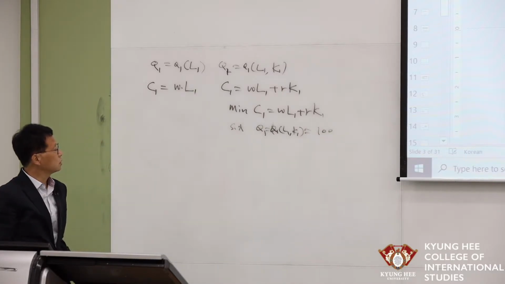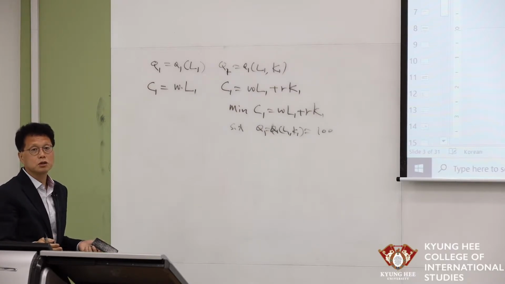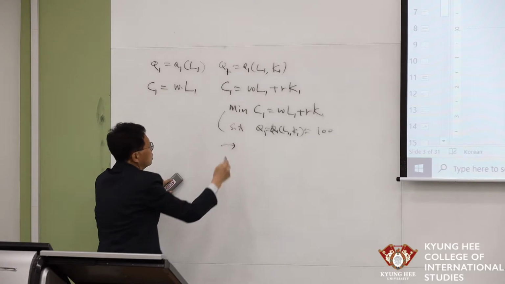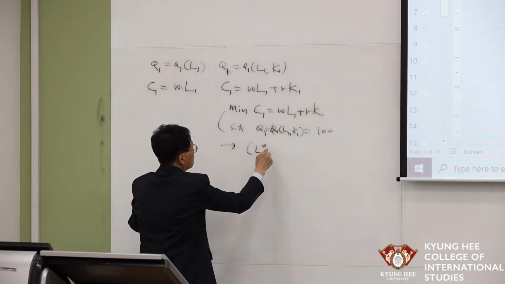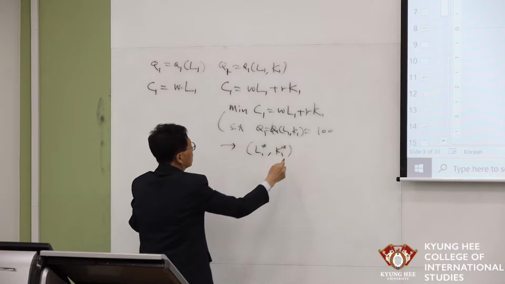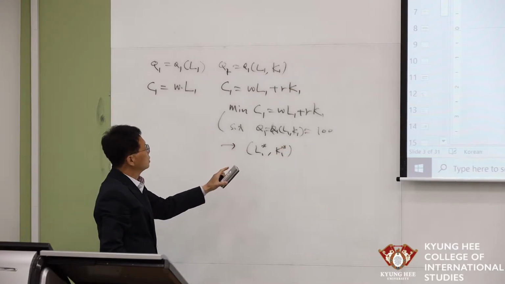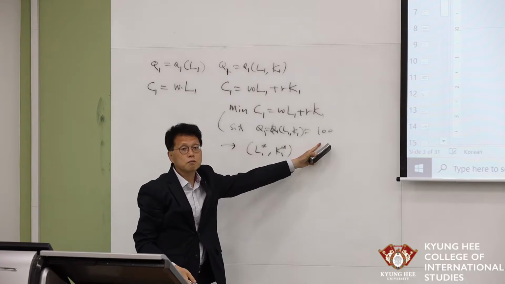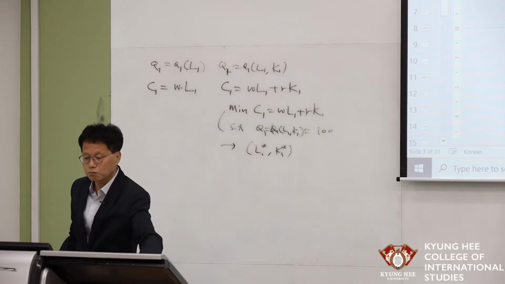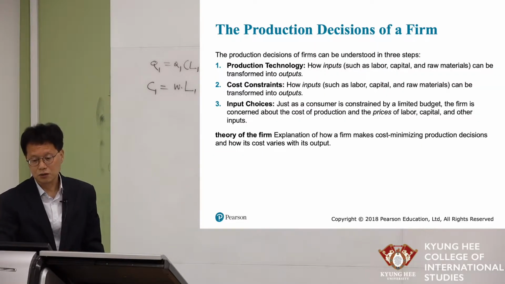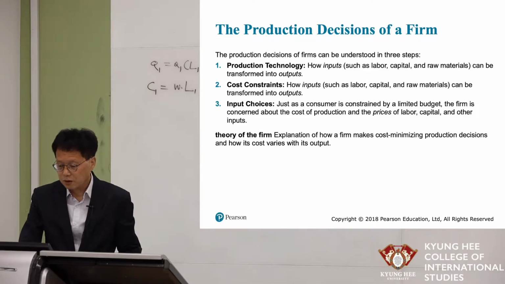You want to produce 100 pizzas with minimum cost. That's the cost minimization solution. You can find L star and K star to produce 100 pizzas at the cheapest cost. That is input choices. Okay? Theory of the firm: an explanation of how a firm makes cost minimizing production decisions and how its cost varies with output. Okay?